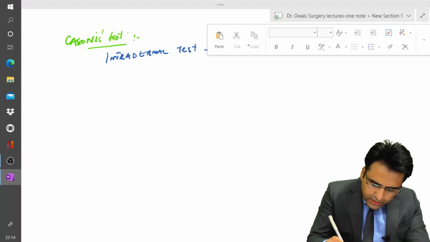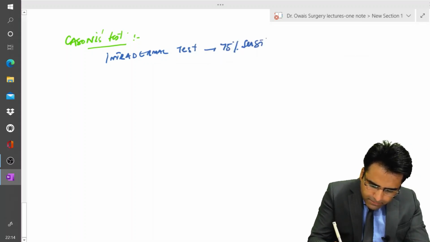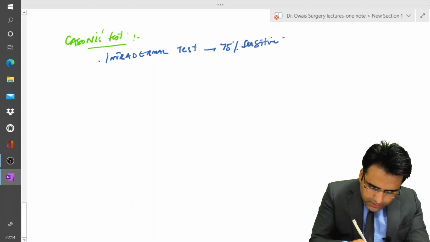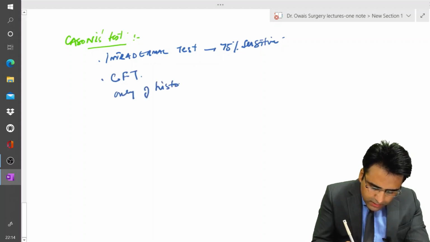So it is 75% sensitive. It is basically a complement fixation test, and nowadays it is only of historical importance.